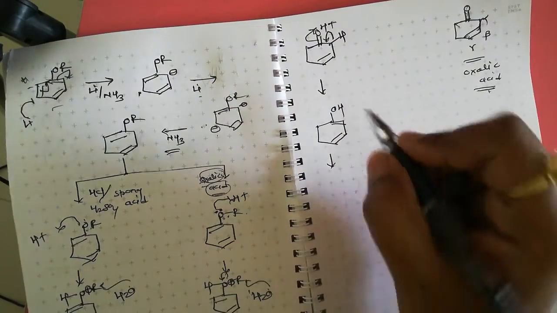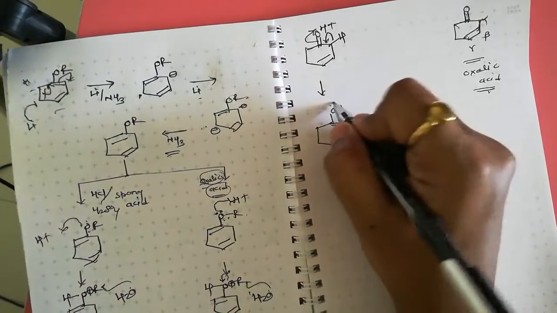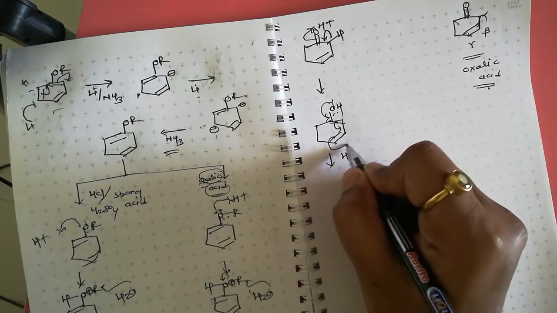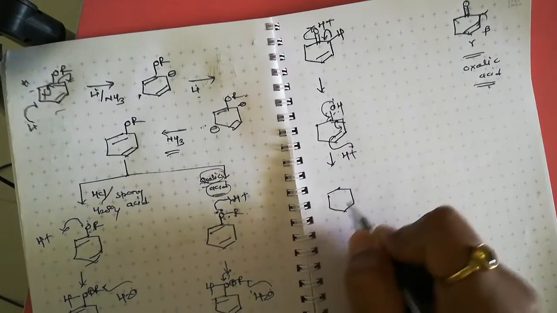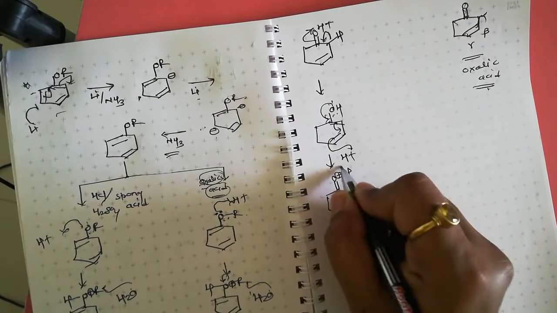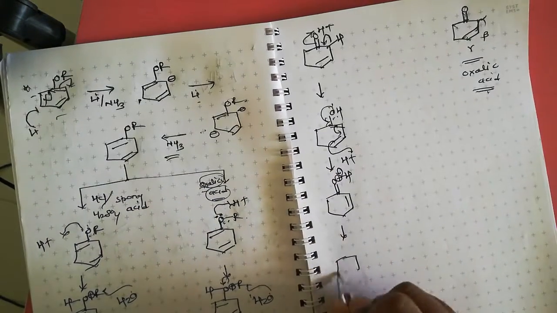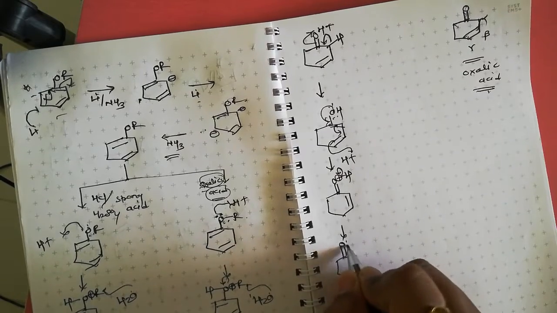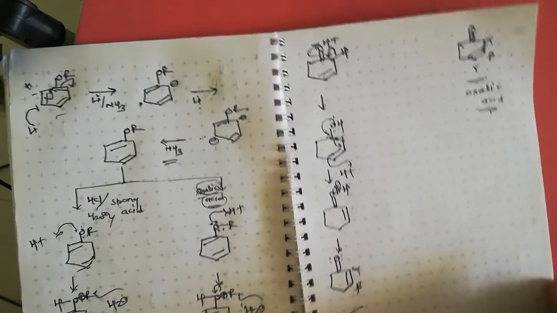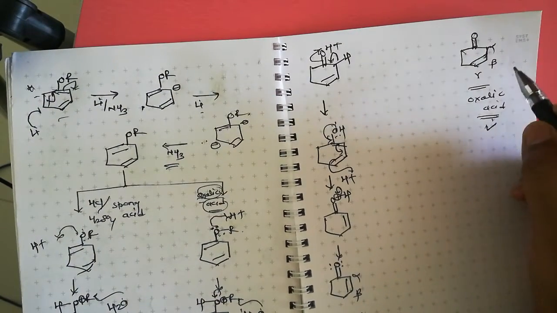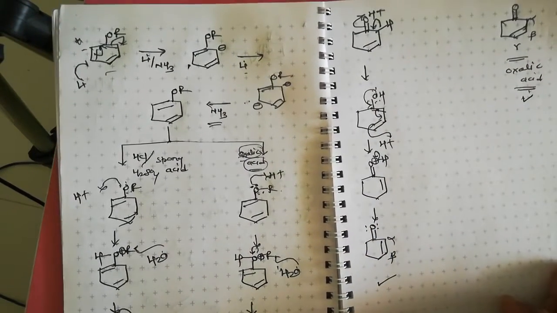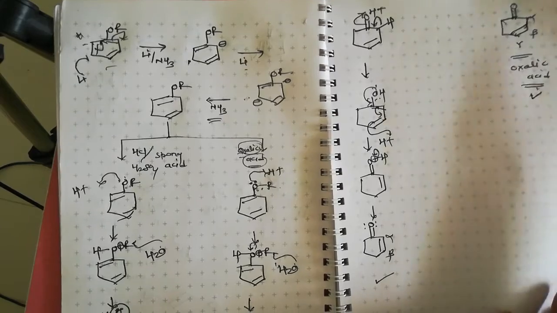Then again H plus from the acid donates its proton and this bond takes a proton from the acid, here O plus H, and after loss of hydrogen we get this product. If there is a strong acid, then we get the alpha beta unsaturated product. If there is a weak acid, oxalic acid, we get the beta gamma product. Remember, this example is very important for your NET exam, SET exam and GATE exam.